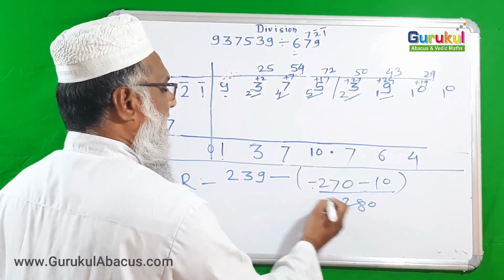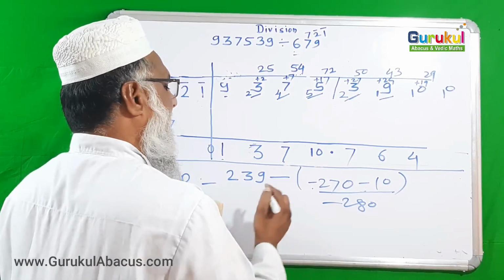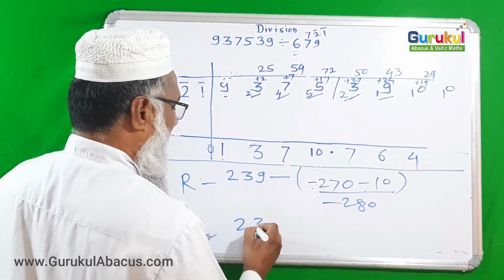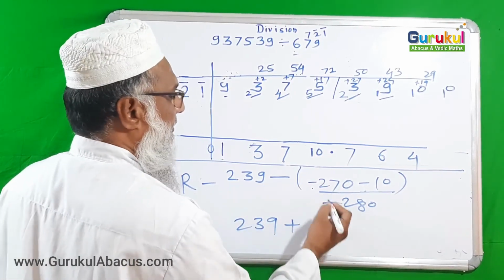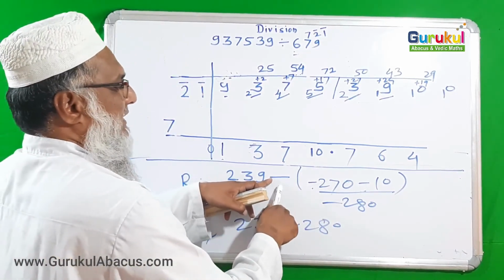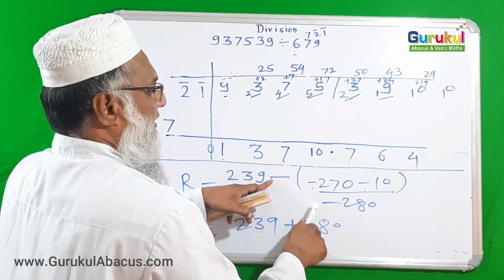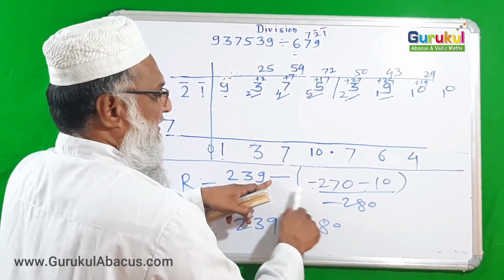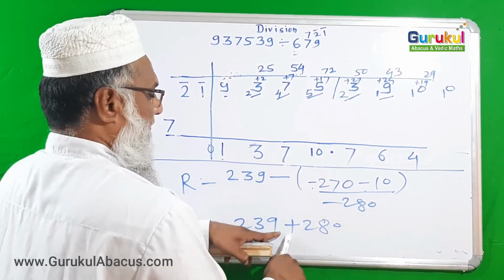So subtracting 280 from it means directly adding in 239, we have to add 280. Just keep in mind, we are going to subtract minus 280, minus minus plus. So here we are directly adding.